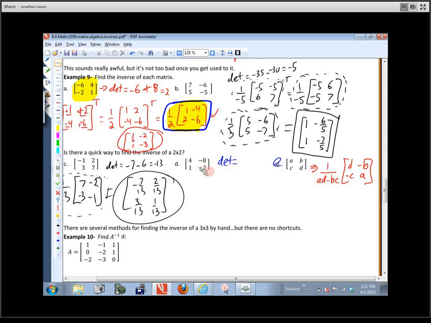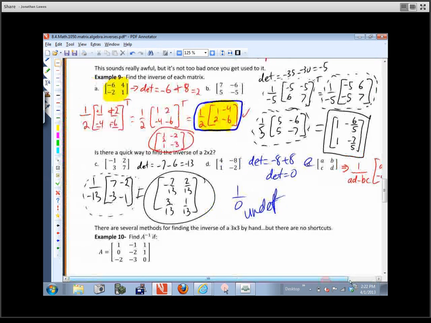So this is -8 minus -8, plus 8. So that means the determinant is 0. Okay, if the determinant is 0, what does that mean about our little formula here? It doesn't work. You get 1 over 0, and this is undefined. We love those because then there's no inverse. Okay? All right, we're going to stop there.